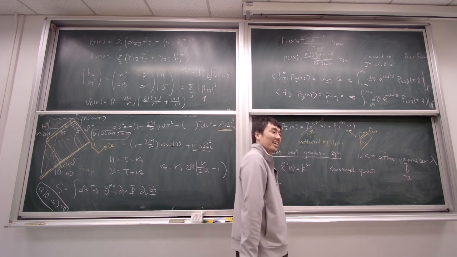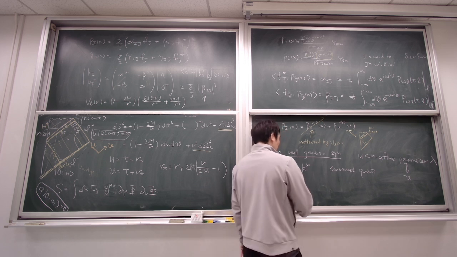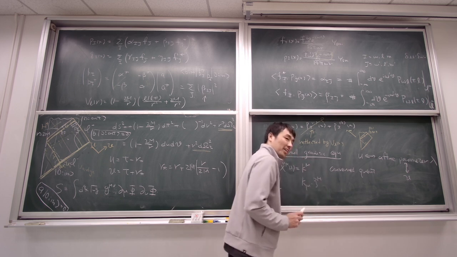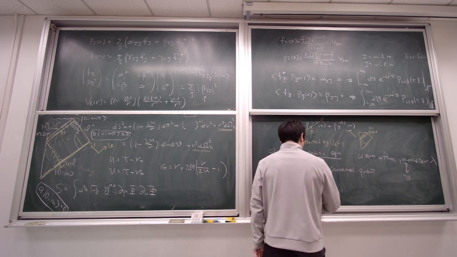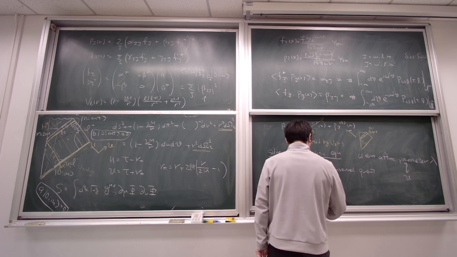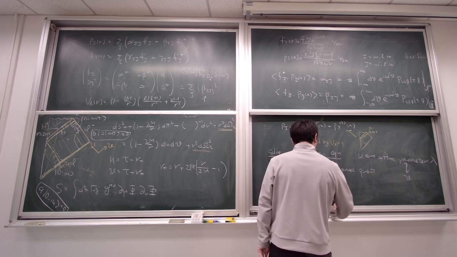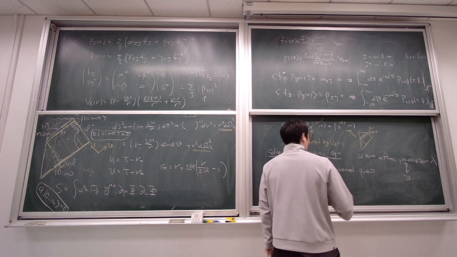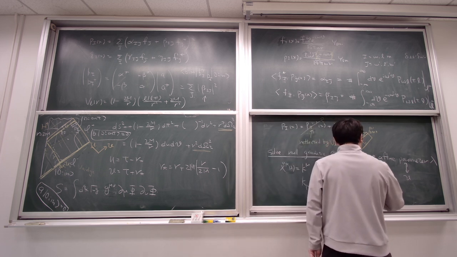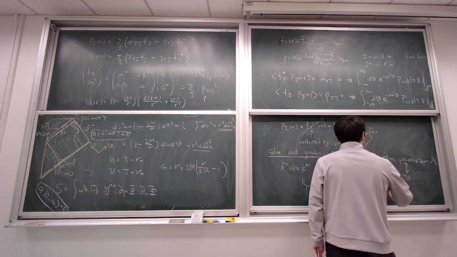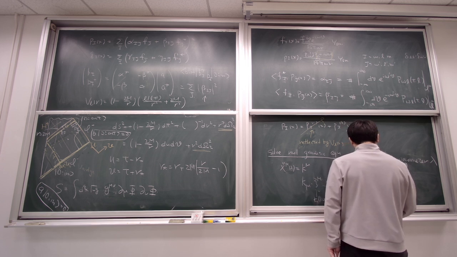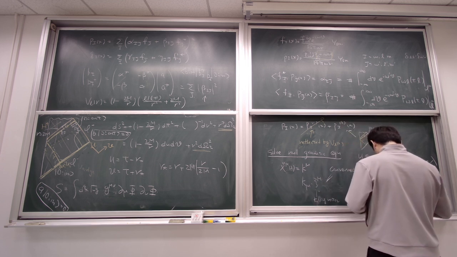Energy and angular momentum can be obtained by just contracting with the Killing vector. If you take the Killing vector as partial t, you get the energy. If it is partial phi, you get the angular momentum, which I call J.